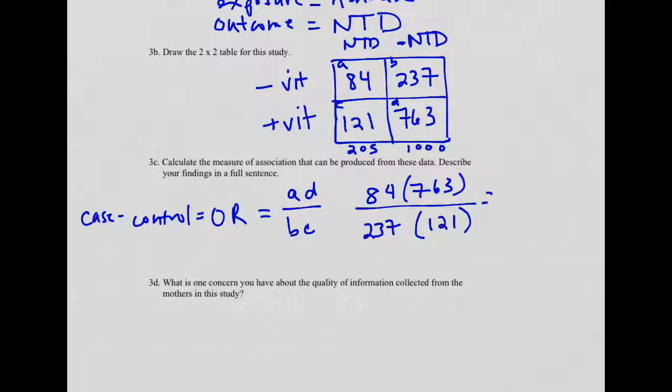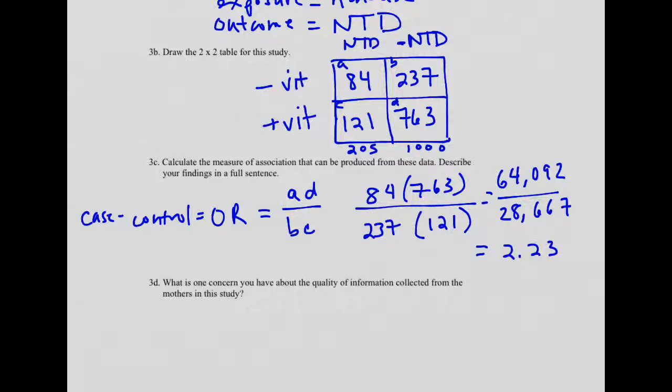Doing this calculation, we end up with 64,092 over 28,667. I think it's, yes, 667. And then we end up with an odds ratio of 2.23.